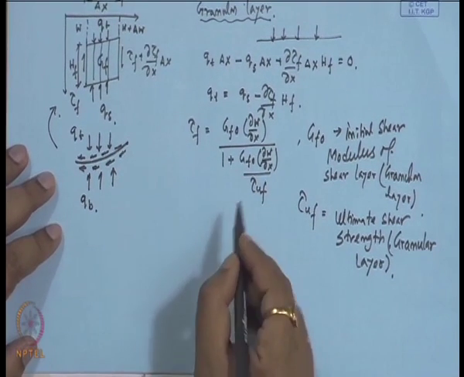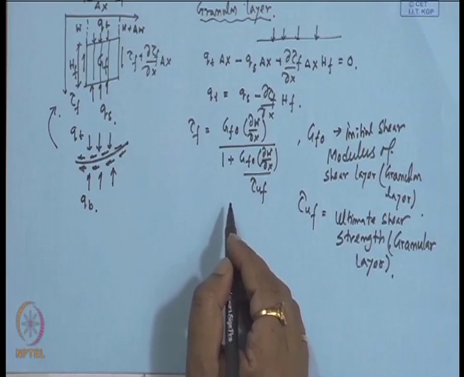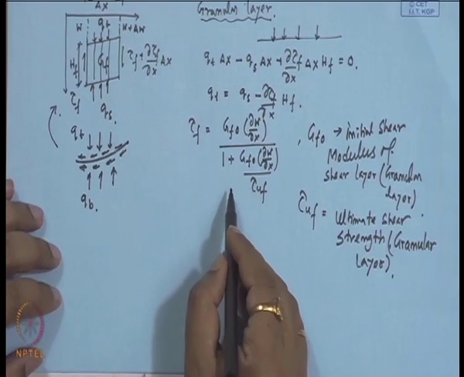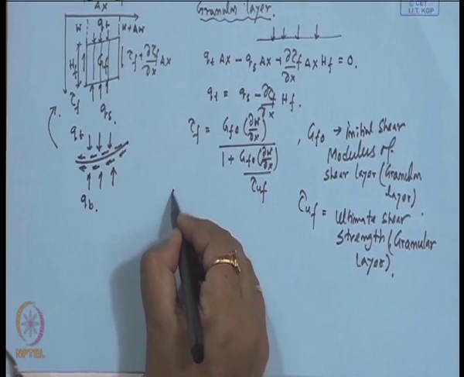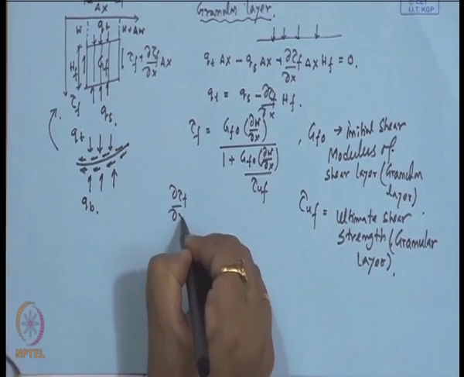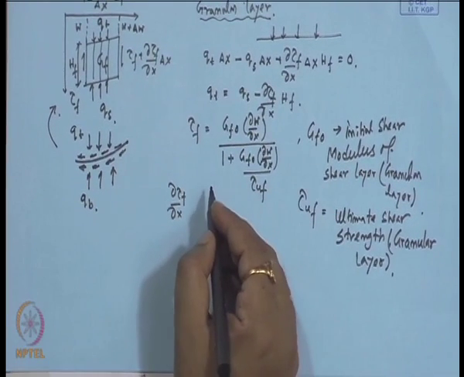So, finally, once we write this expression, then after the derivation we will get this expression, del tau f del x, then we have to derive this expression.